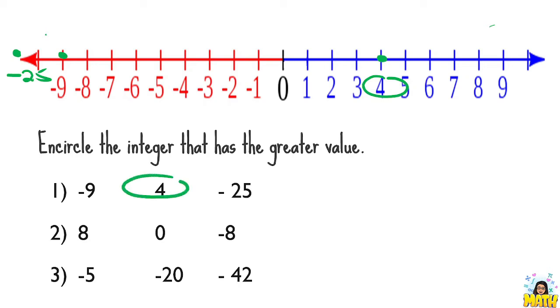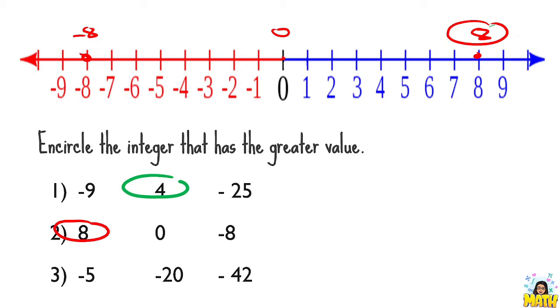Therefore, 4 is the integer that has the greater value. Number 2, 8, 0, and negative 8. Negative 8 is here, 0 is here, while positive 8 is here. So again, ang nasa rightmost side is ang ating positive 8. Therefore, that has the greater value.